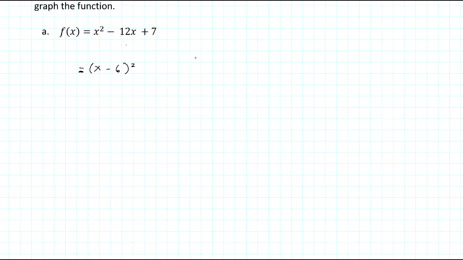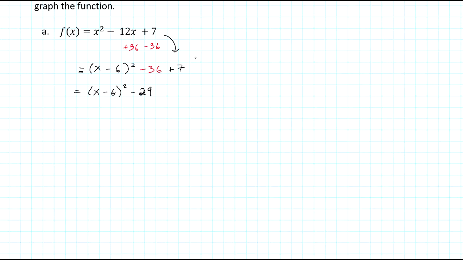But by consequence, this added 36 to our expression, so I need to take 36 away as well to keep everything in balance. Bring down that minus 36, and then bring down the plus 7 that had just been hanging out front. I'll go ahead and simplify this then to x minus 6 quantity squared minus 36 plus 7, that's minus 29, yeah?